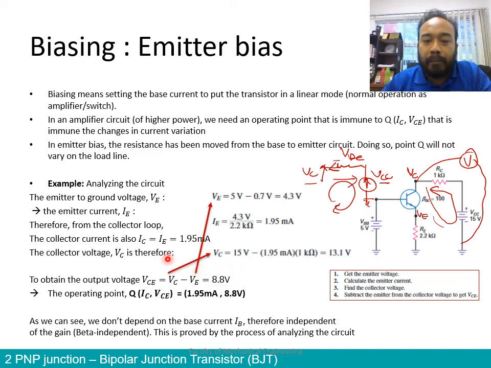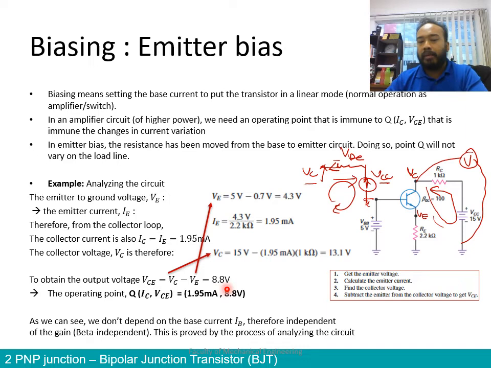So the pair of IC and VCE, IC was 1.95, VCE is 8.8 volts. This pair, 1.95 milliamps and 8.8 volts, is the operating point Q when we have this circuit in emitter bias.